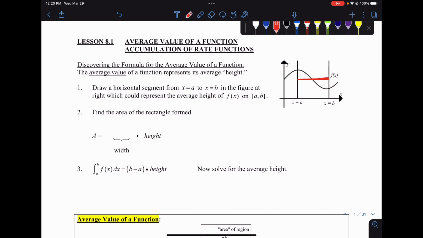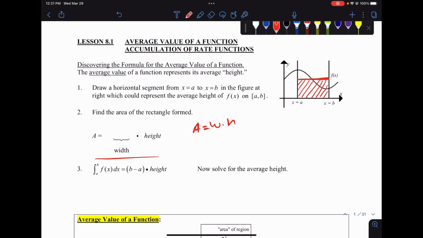If I write that as an area function, from a to b, I've got this rectangle being created that goes up to whatever that imaginary height I came up with is. So if I write that area formula, area equals width times height. The height is what I'm looking for. The height is that average value, right?